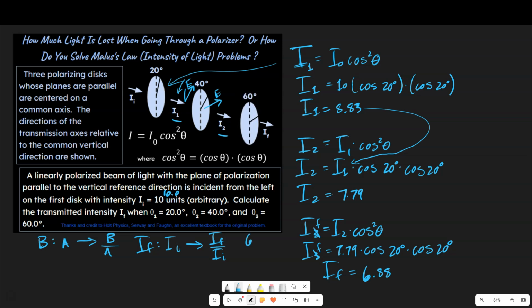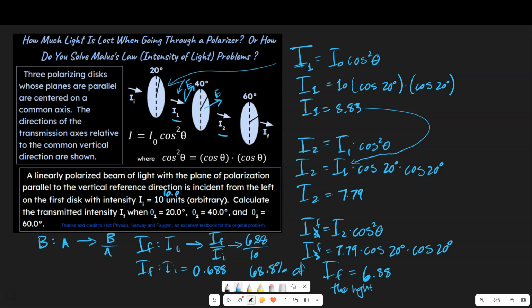Our final is 6.88, and our initial was 10. So what does that even mean? We end up with a final to initial value of 0.688. What that means is 68.8% of the original light gets through.